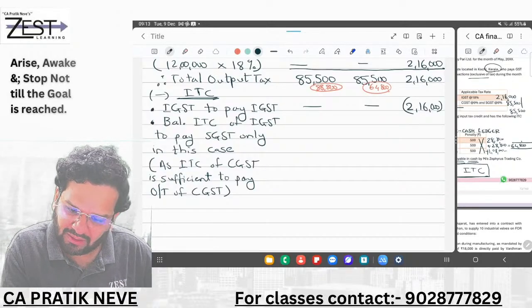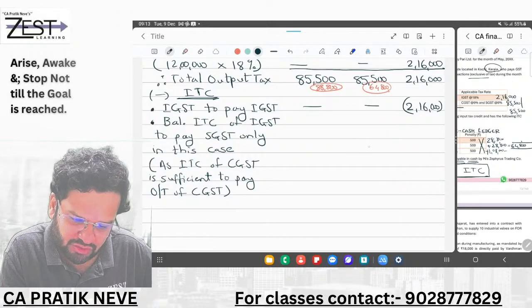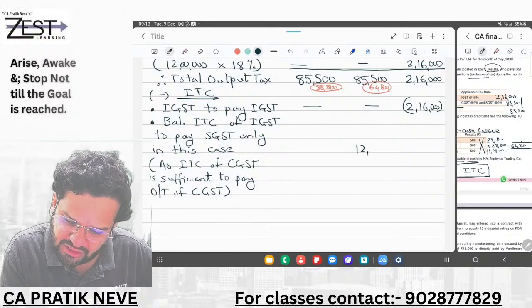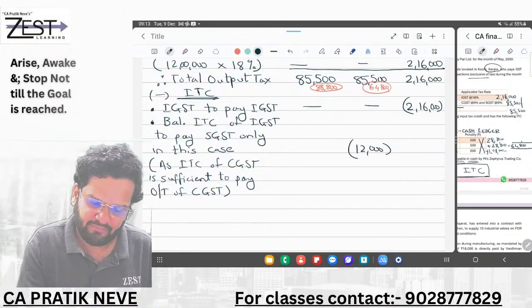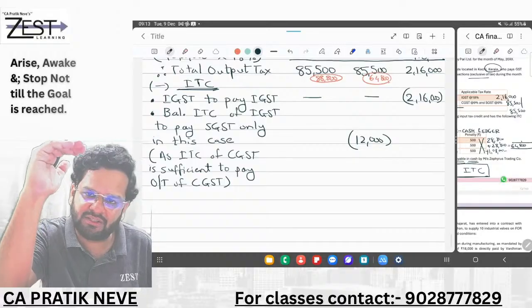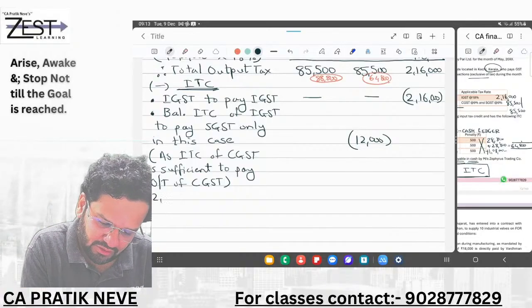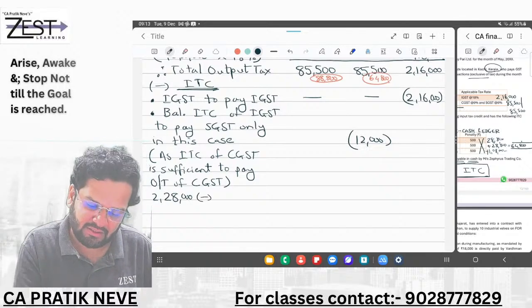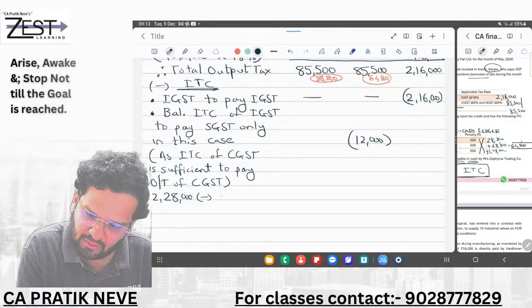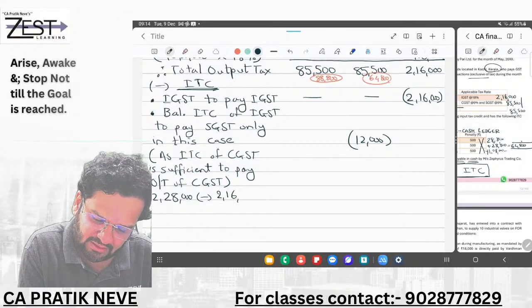So 12,000 will be used in SGST. That is the point. Then only net GST payable will be minimum. So how did you get 12,000? 2,28,000 was the ITC of IGST minus 2,16,000.